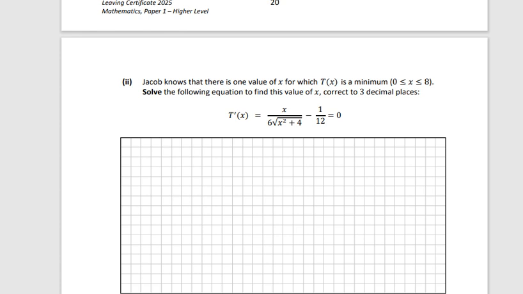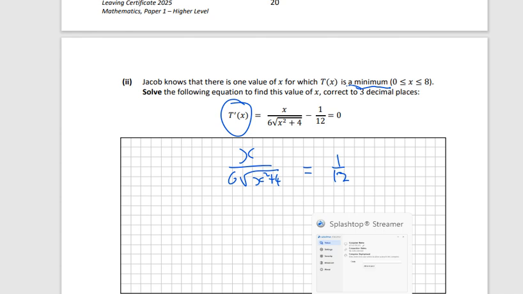Right, this bit then, they actually differentiate this for you. So the bit we got above differentiated is what it has here. At a maximum or a minimum we differentiate and let it equal 0. Well, it has it equal to 0 here actually. So x over 6 root x squared plus 4 is equal to 1 over 12.